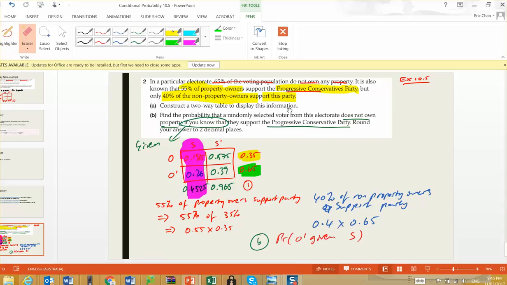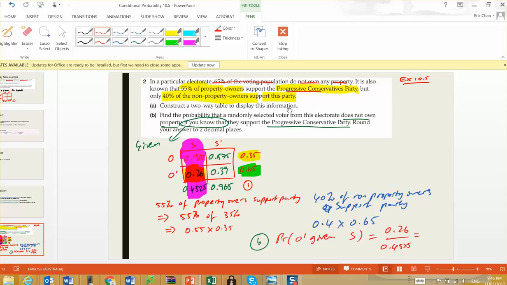Given that they support the party, which means 0.4525, this is our total sample space, and we only want those that don't own property, so 0.26.